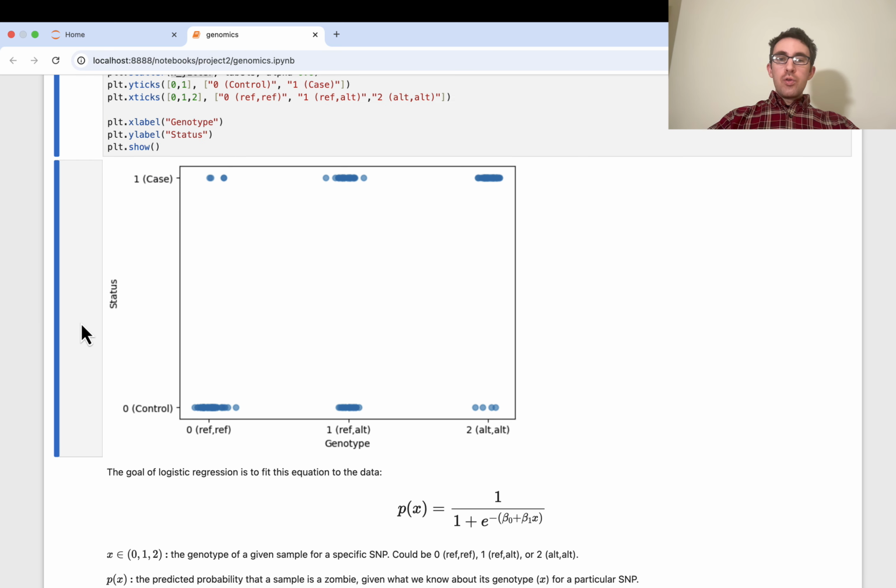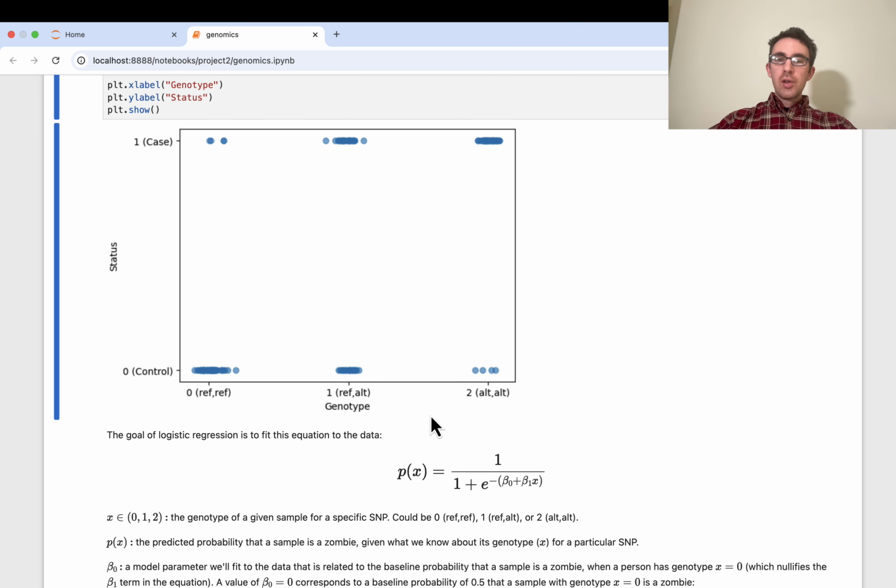Okay. So the goal of logistic regression is to fit a curve to this data, to model this data with a mathematical curve that we could draw that would fit what we're seeing. This is going to sound a little bit complicated, and even the equation looks a little bit intimidating, but I want to emphasize two things.